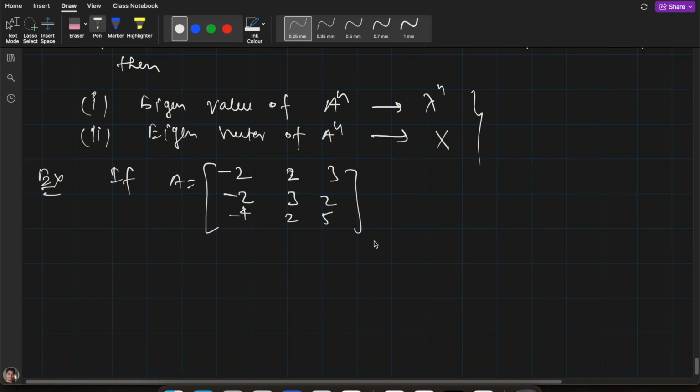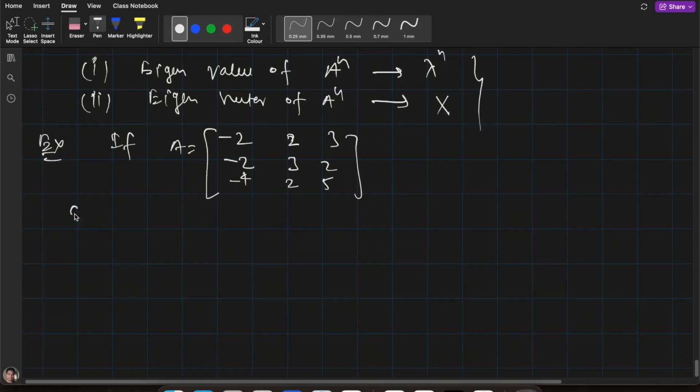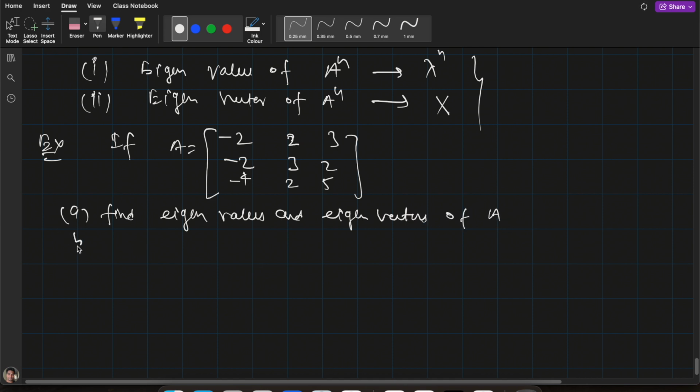First problem is to find eigenvalues and eigenvectors of A. Second problem is the same thing but of A inverse, and third, the same thing but of A plus 2I. Can you find it?